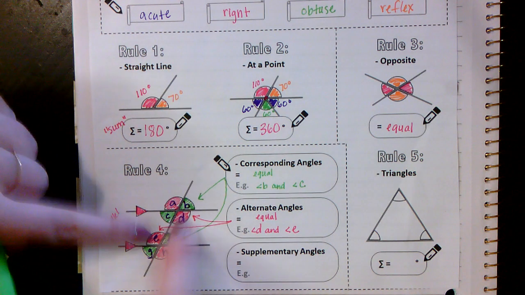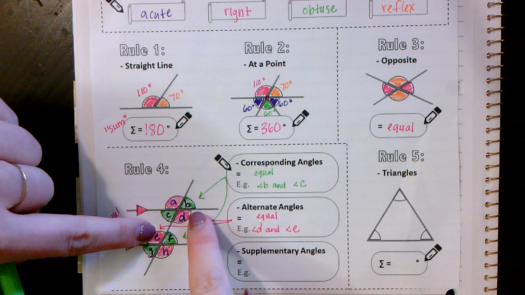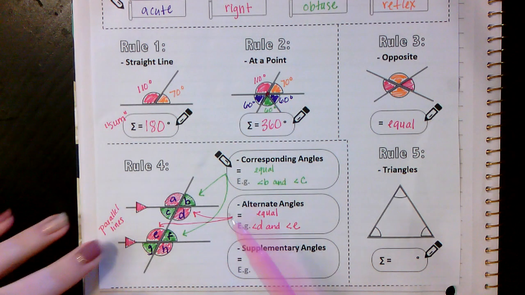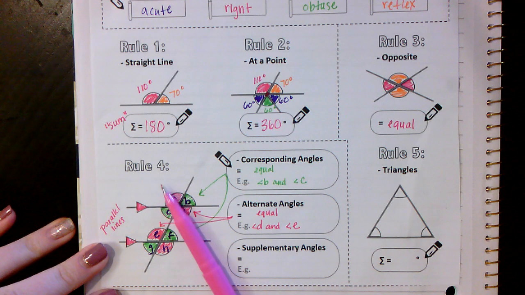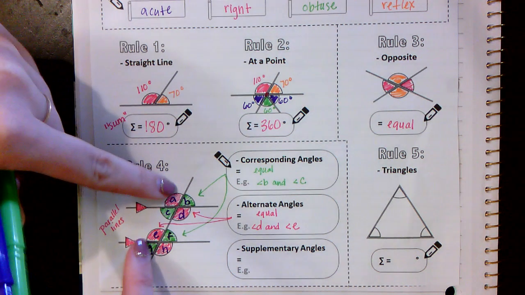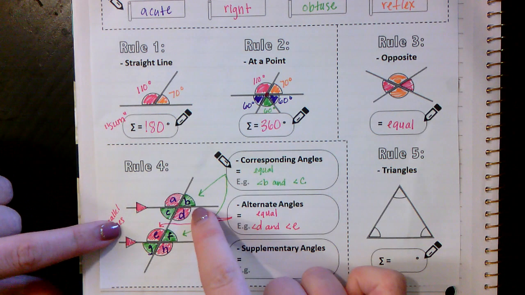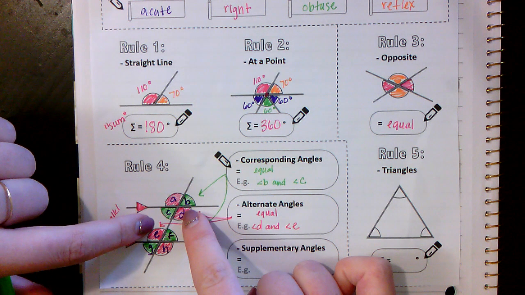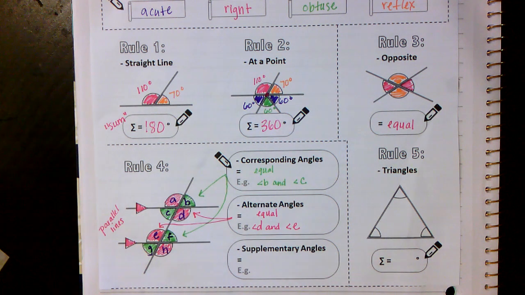And so if these are equal and these are equal, then these are equal. So there's lots of different rules, and I'm trying to color code them to help us see that. If they are opposite each other, they're the same. And so what happens up here is also happening down here, which means these are the same. But you can also know that whatever this bottom is, that its alternate angle down here is going to be equal to it. Then the last one is a supplementary angle, and that is where we'll do orange.